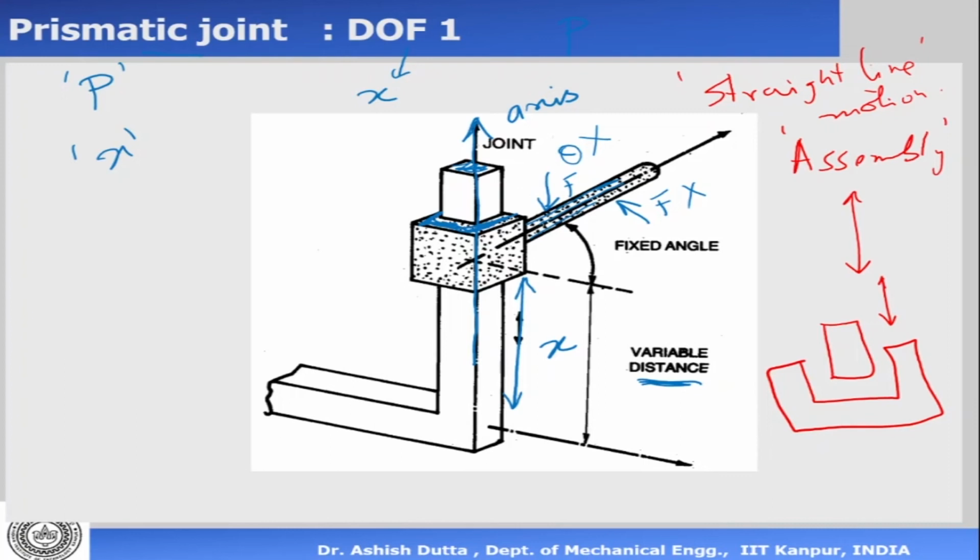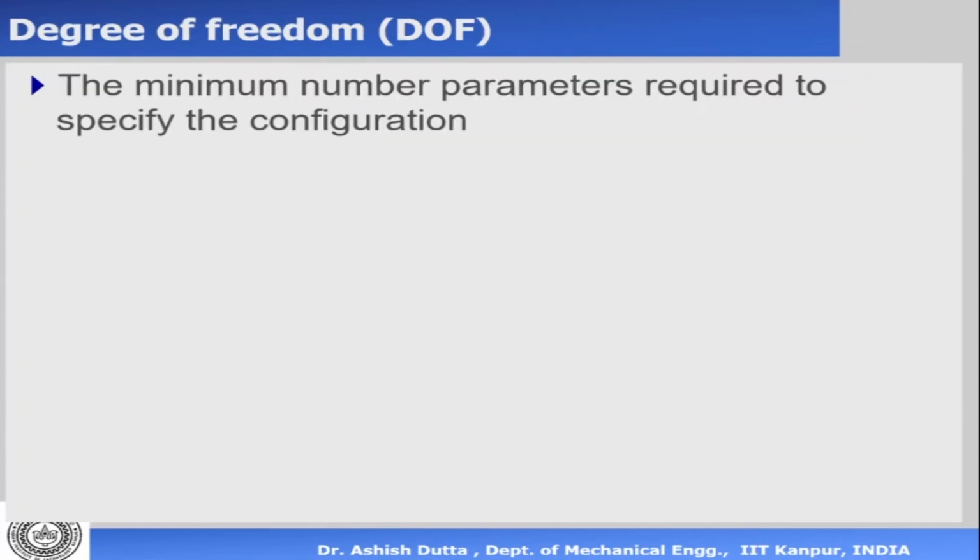So this basically gives us an idea of the various kinds of joints and the degrees of freedom that are there. So what is the degree of freedom? It is the minimum number of parameters required to specify the configuration of a system. So let us take a free flying object. What is the meaning of a free flying object?